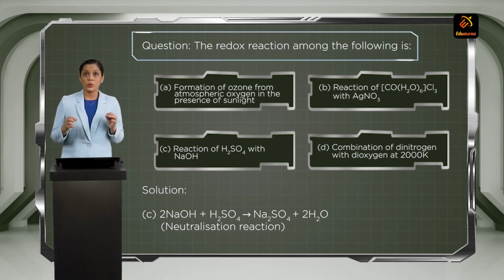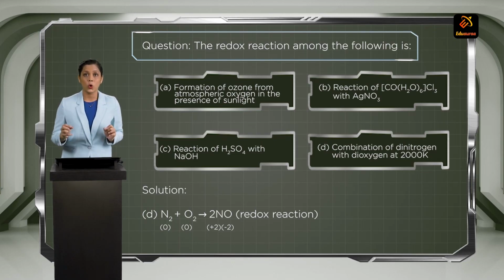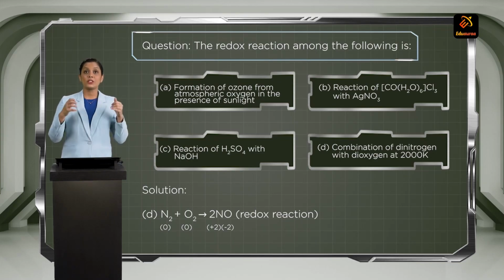And the last one, which is N2, that is dinitrogen, with O2, that is dioxygen, gives us 2NO. Students, here nitrogen, that is N2, has oxidation number 0 and oxygen O2 also has oxidation number 0, which gets converted to NO, that is nitrogen working in +2 and oxygen working in -2.